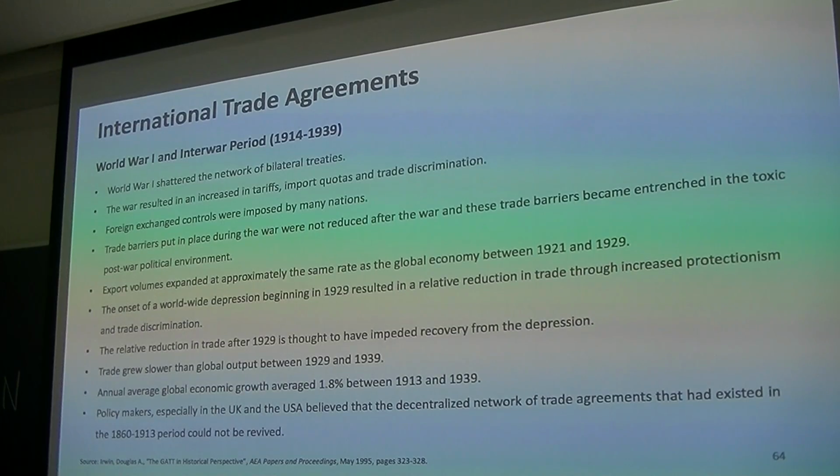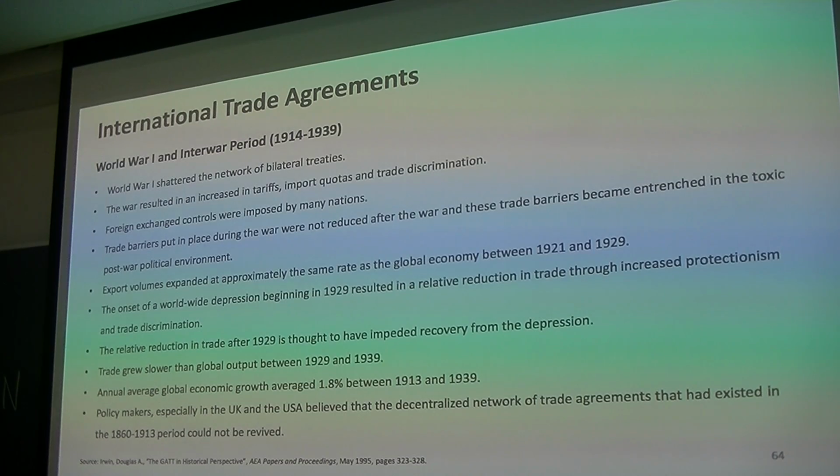There was a very toxic post-war political environment. World War I ended in 1918, but in a way it didn't really end. In fact, 20 years later, Europe was at war again.